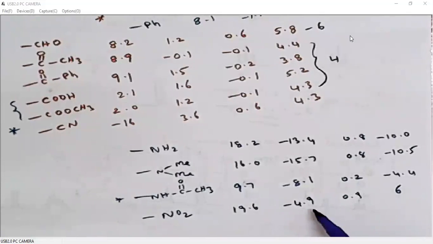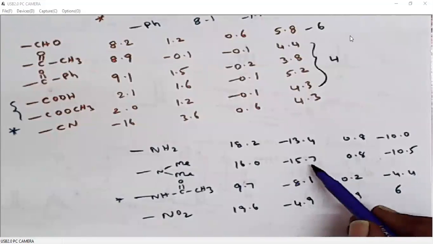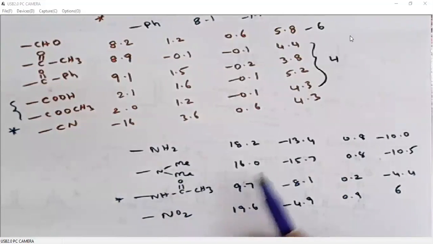Now this is the case where we need to consider ortho position values also. The first one we need to consider only alpha. Next one we are considering para, and this one we are also considering alpha, para, and ortho. Just look at this, minus 13.4, minus 15.7. So just go for minus 15. If you have amine, what we will do?